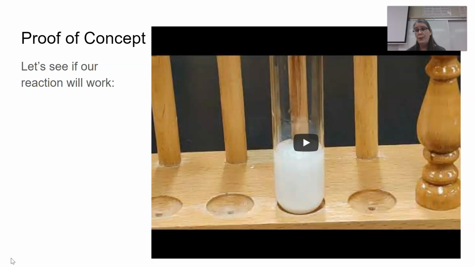Okay, so we will indeed make a precipitate. We can use the balanced chemical equation to predict how much of something I might need to react. We can also use it to predict how much product I might make in a chemical reaction. And that's what we'll be doing as we move forward in this unit.